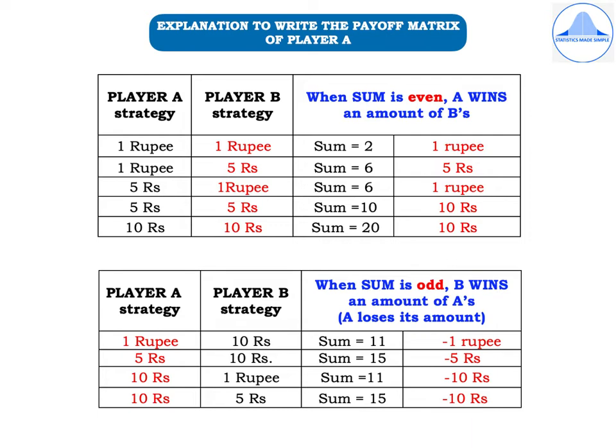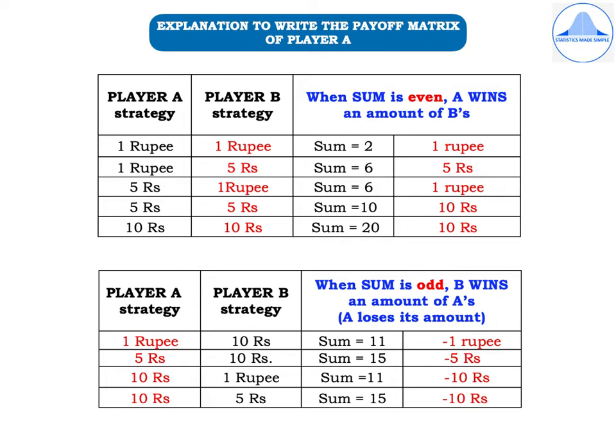Now, in the next table, in the first column, I have player A's strategies as 1 rupee, 5 rupees, 10 rupees, and 10 rupees. And player B's strategies are 10 rupees, 10 rupees, 1 rupee, and 5 rupees. So now we are considering the case of when the sum is odd.